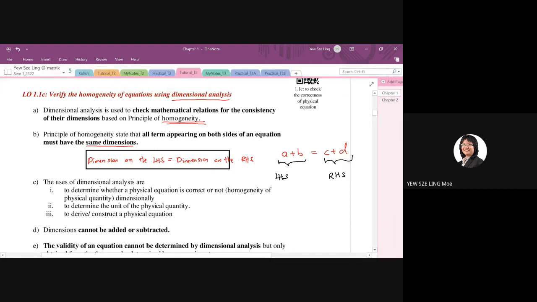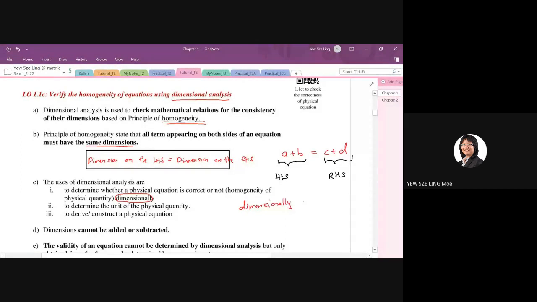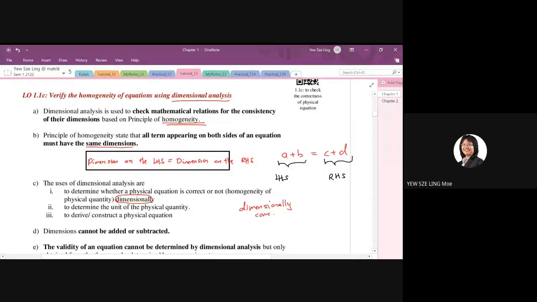So the first use of dimensional analysis is to determine whether a physical equation is correct or not dimensionally. The word dimensionally is very important. If it is dimensionally correct, it doesn't mean that the equation is correct.